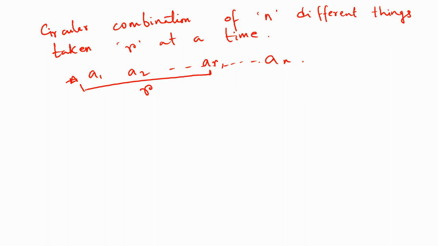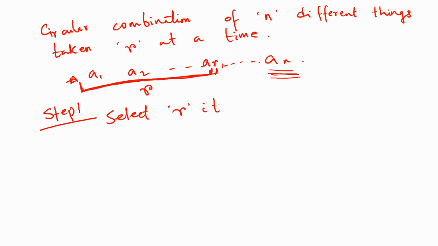It is very simple, right? First you have to select r among n, and only then can you do the circular permutation. You can arrange them in different ways. So first your job is to select r items from n items.